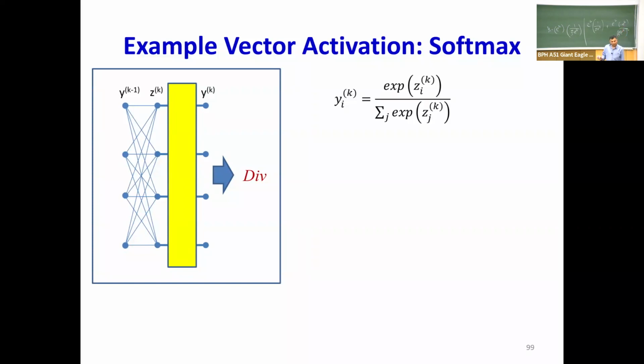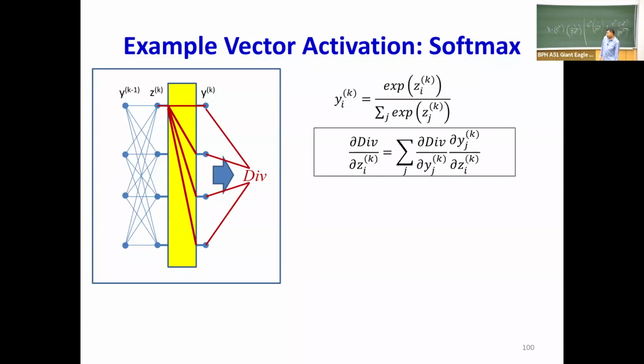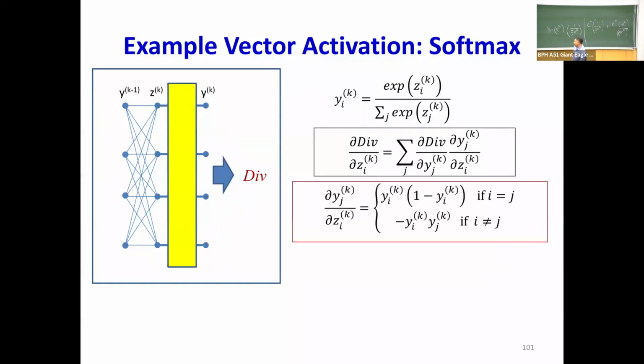Just writing it down, right? And this you will observe is simply the square of this first term, right? And so you're going to get that the derivative of yi with respect to zi, if i equals j, is just going to be yi times 1 minus yi, right?